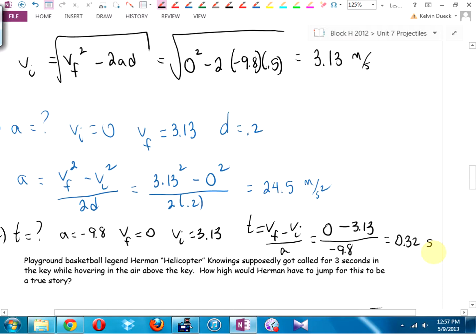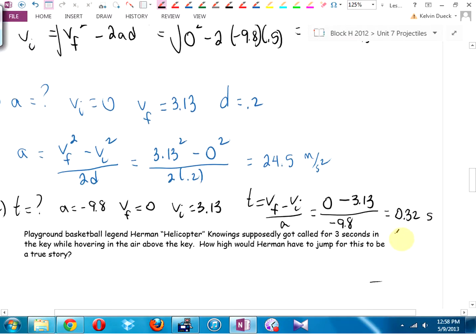Why is that not his hang time? That's only going up. He also has to come down. So really, we should double this. His hang time should have been a little over half a second.